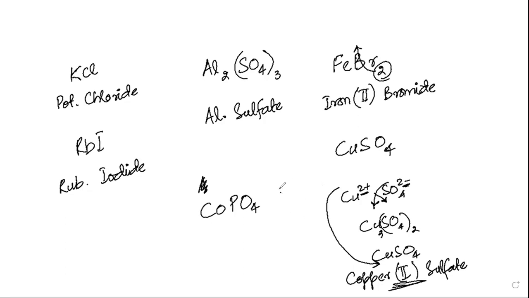This one works just like this one, copper 2 sulfate. So cobalt phosphate? Or it would be cobalt, and it would be 3. Why 3? Because this is -3. If phosphate is -3, this must be +3 in order to balance that out. So it's cobalt 3 phosphate.